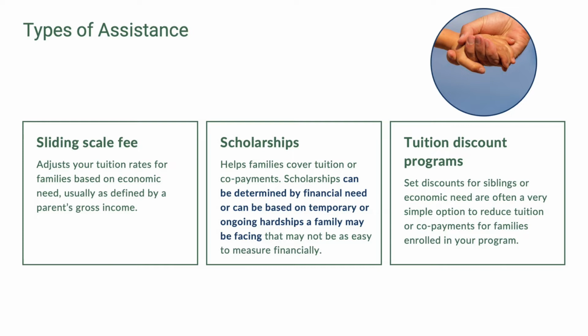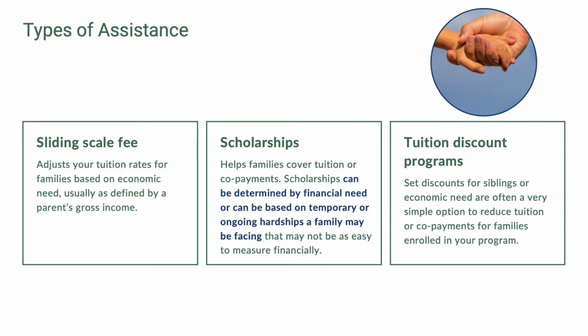In this example, even though they might be receiving the same wages, their costs have gone up as they face large medical expenses. So having a scholarship policy could help offset some of those costs and provide temporary relief for families that are going through those hardships.